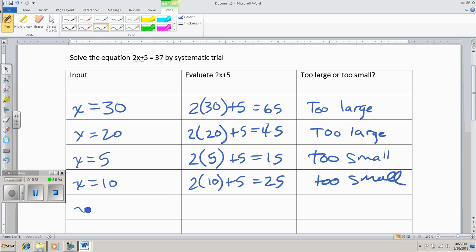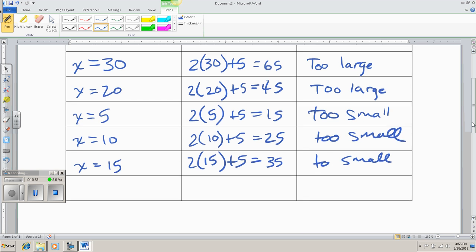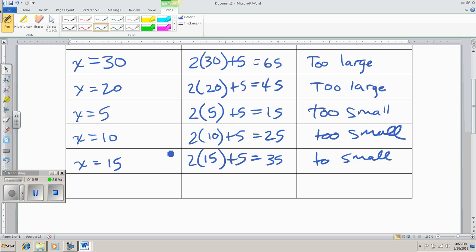I'm going to try now x equals 15. 2 times 15 plus 5 is equal to 35. Close, but it's still too small. So here I'm going to use my brain. I'm getting fairly close. I just need one more group of 2.